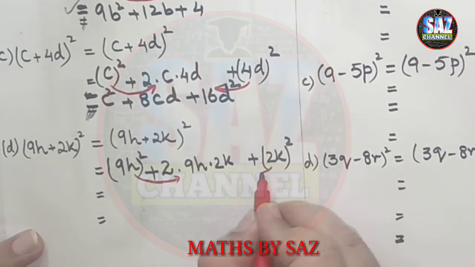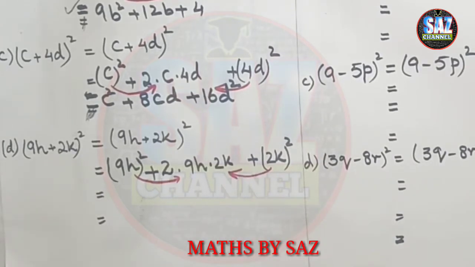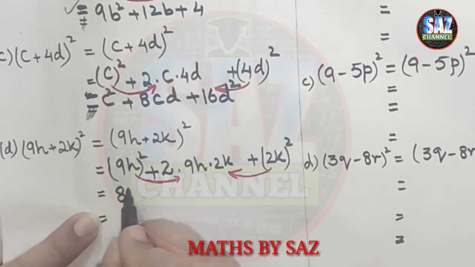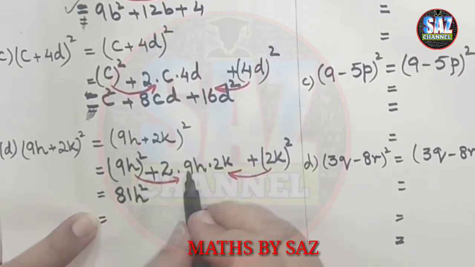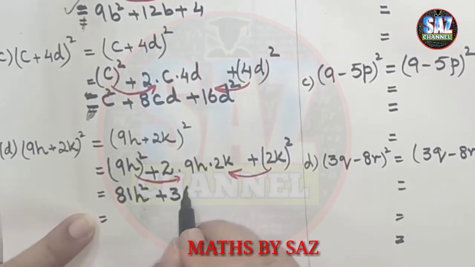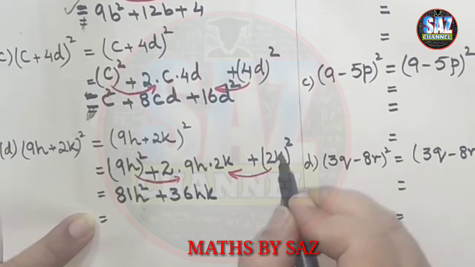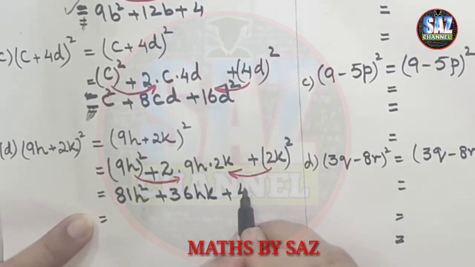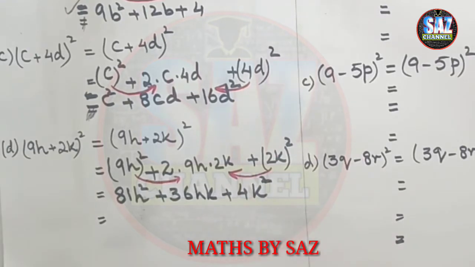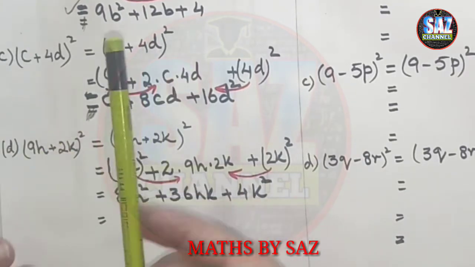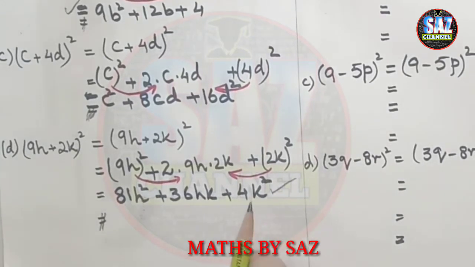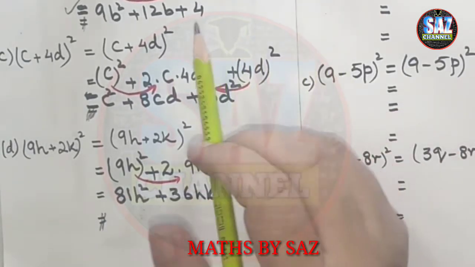Now take the squares and multiply the numbers at the middle place. The square of 9 is 81h square, 9 twos are 18, 18 times 2 is 36hk, 2 square will be 4, 4k square. So if you have good command on tables and squares, you can do these questions easily. Just put the values in the formula or identity and get the answer quickly.